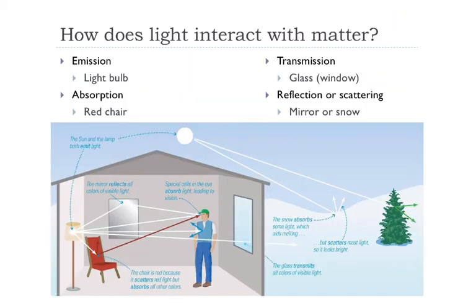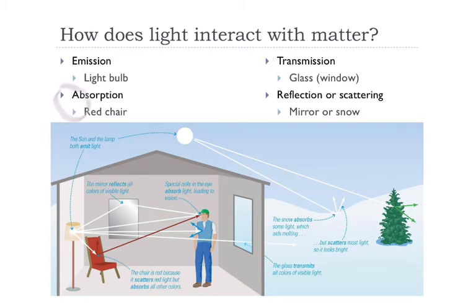So how does light interact with matter? It interacts in one of four ways. Emission. So if you are turning on a light bulb and that's radiating light, we're able to see that. Transmission, if it goes through some type of medium, so passing through a glass or a window. Reflection or scattering, so again going through a mirror or perhaps even snow, it's able to reflect that.